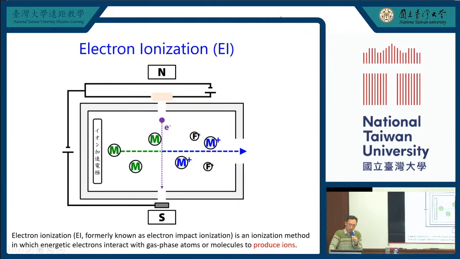The electrons are accelerated by the DC and RF, and this electron will impact the molecule and knock off an electron. Then this one has a positive charge. For EI, only positive charge is generated in the vacuum system. So EI is the very earliest ionization technique, especially used in GC, gas chromatography.